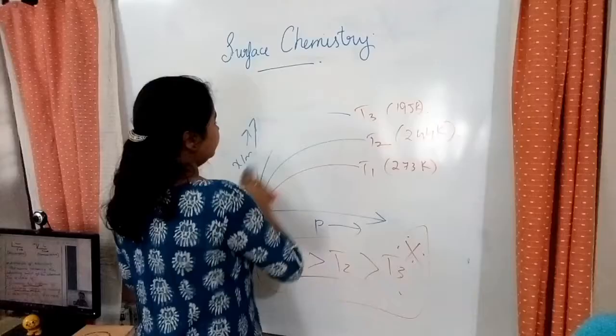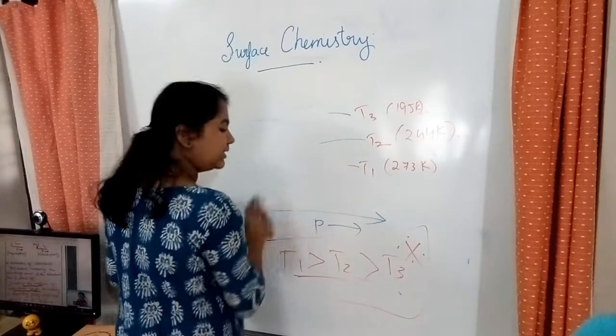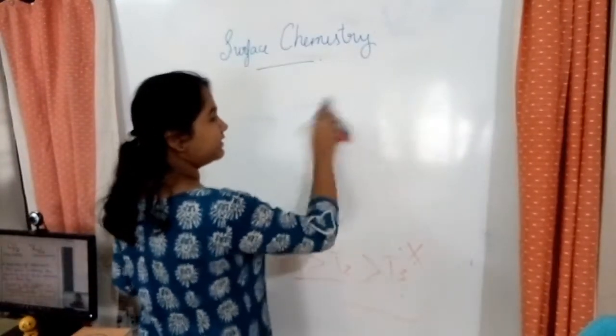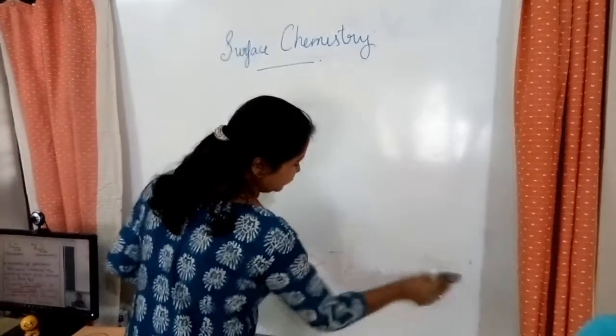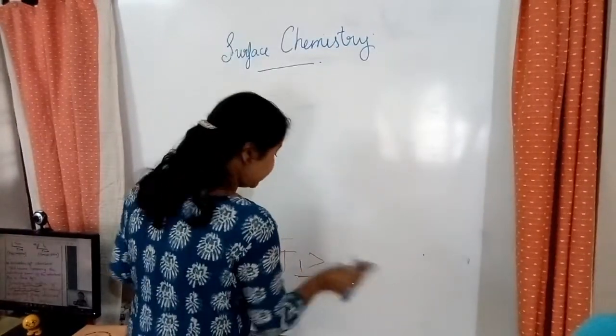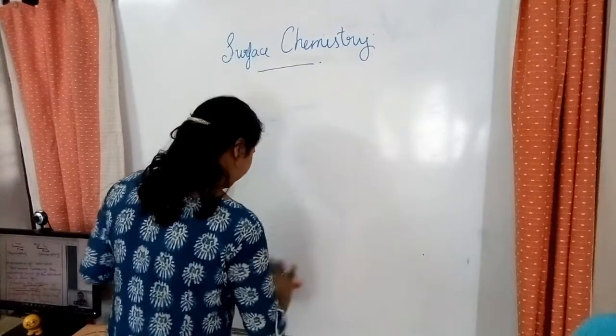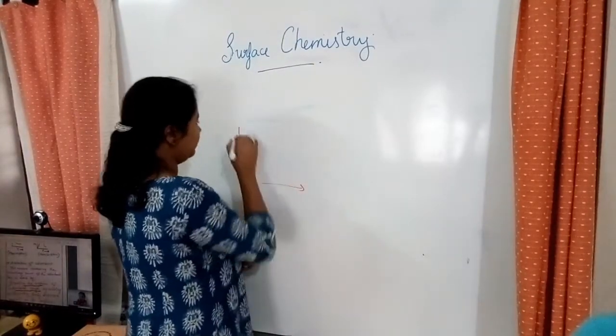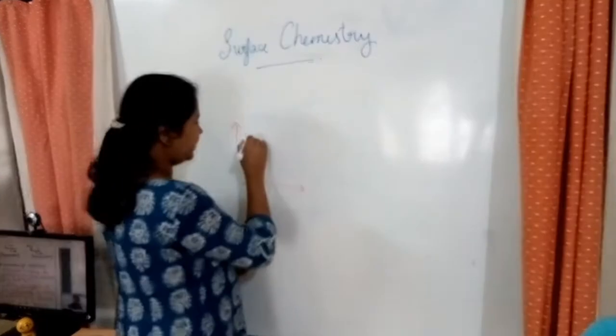Please do learn it. Now we have to learn about the point we also discussed, the effect of temperature, the isobars. Sorry, the isotherms. That is also for physisorption. How was it? It was like this.